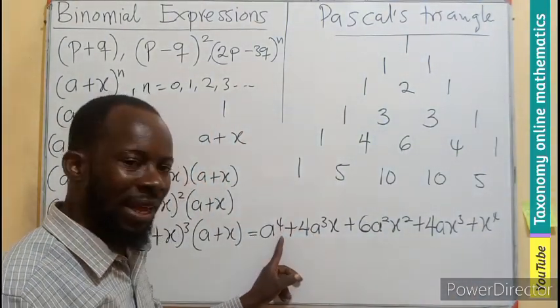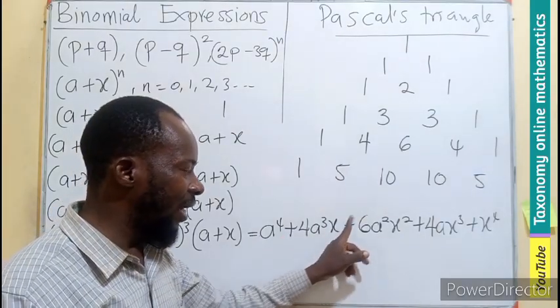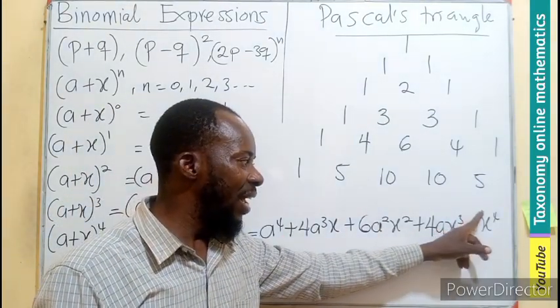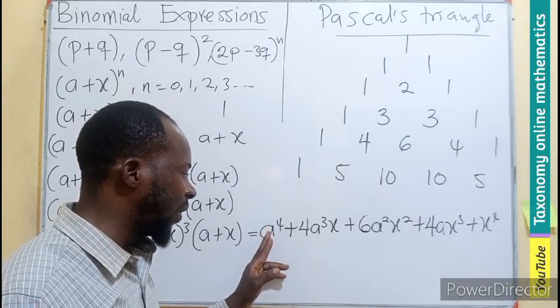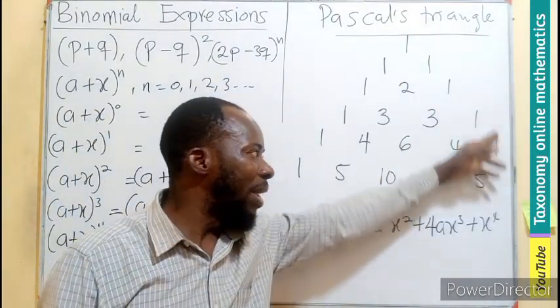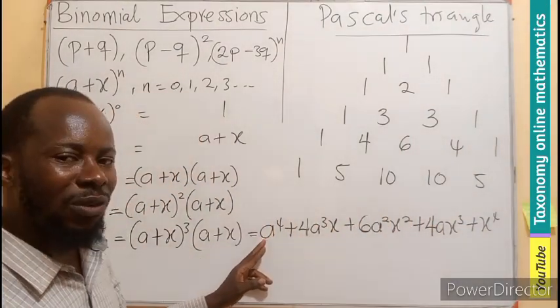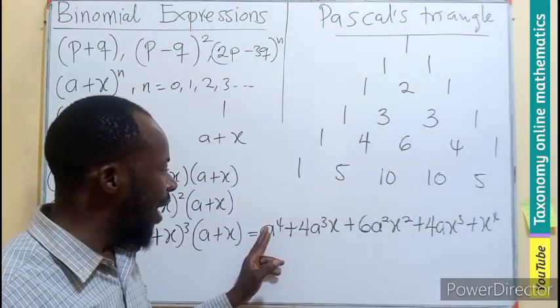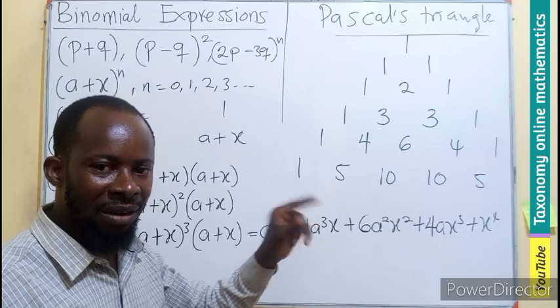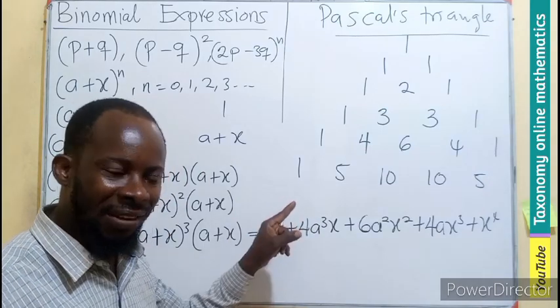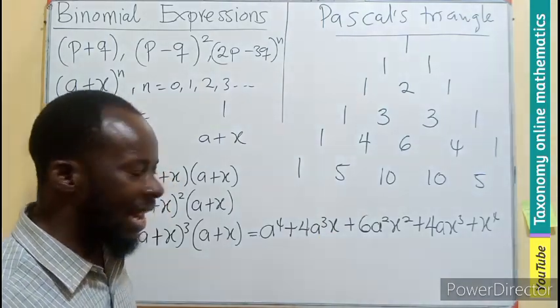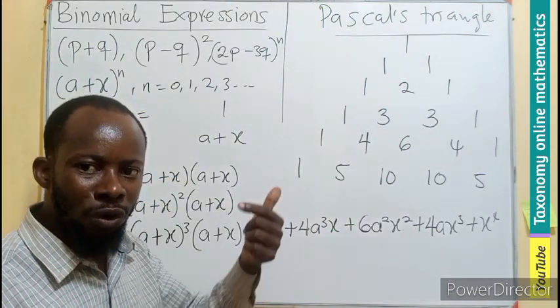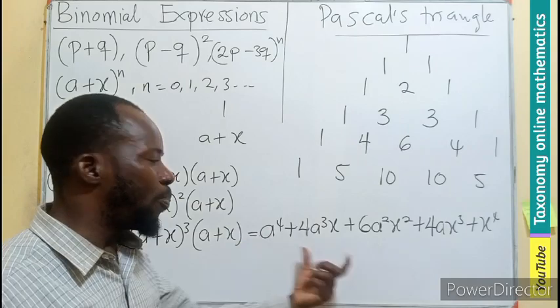X is 0 here, 1 here, 2 here, 3 here, 4 there. So the coefficient is what we have from the Pascal triangle. The powers of a are decreasing. Then the powers of x are increasing.